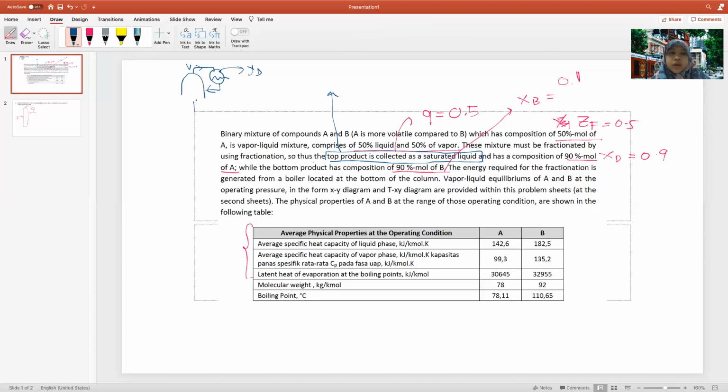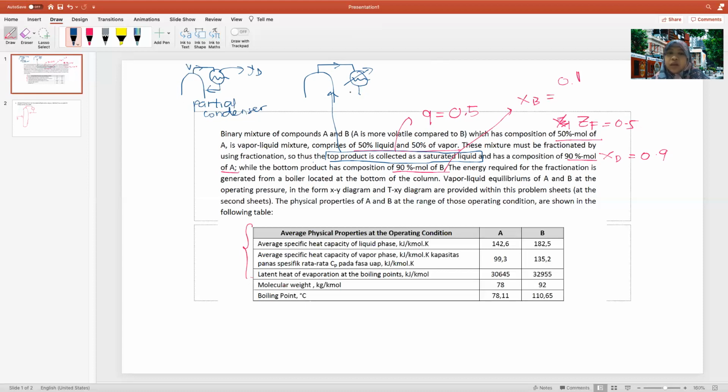So in the partial condenser, you have saturated vapor as the product. If the product is collected as saturated vapor, you have to use a partial condenser. In this problem, the top product is collected as saturated liquid, so the schematic looks like all of the vapor is cooled down as a liquid.